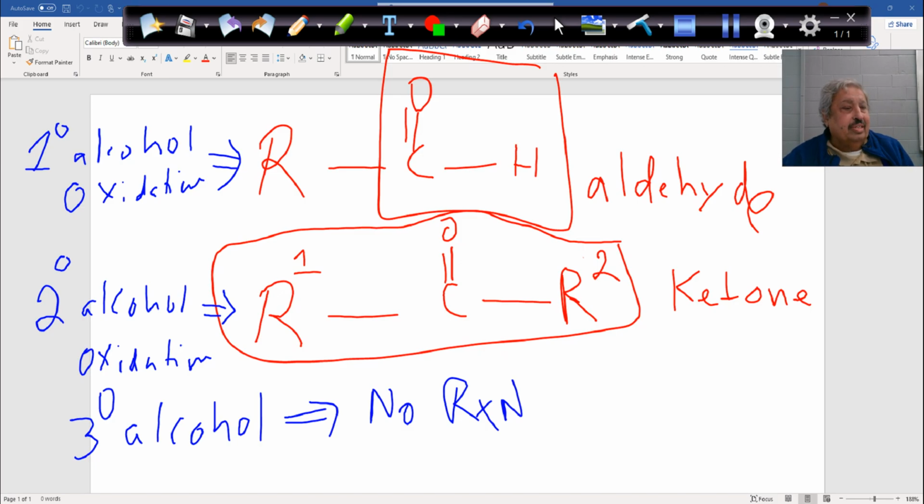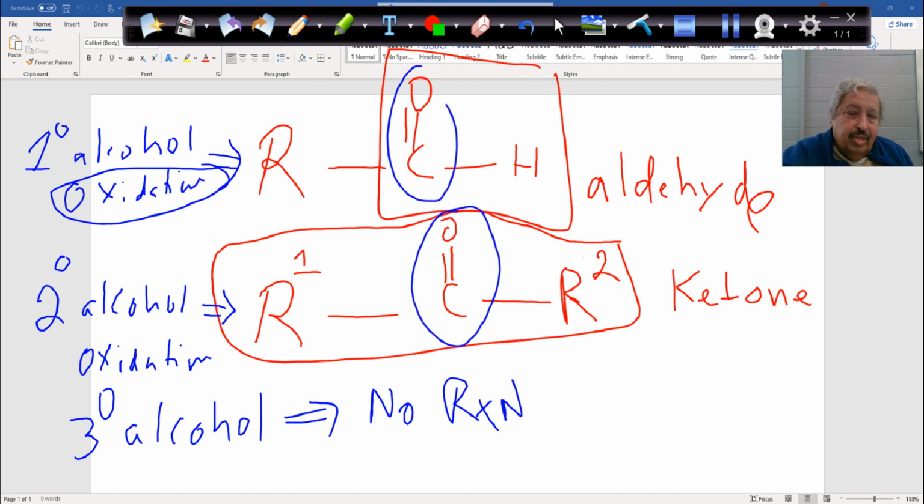Just to let you know, you can remind yourself from where we get those aldehydes. It turns out that primary alcohol oxidation can result in an aldehyde, with this functional group, C double bond O, H. The secondary alcohol gives us a ketone, two R's connected to a carbonyl.